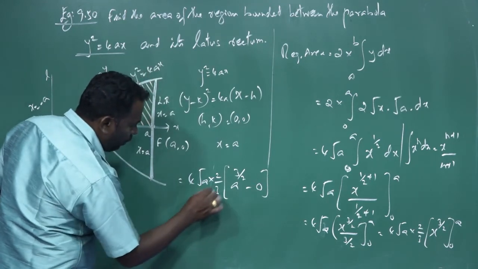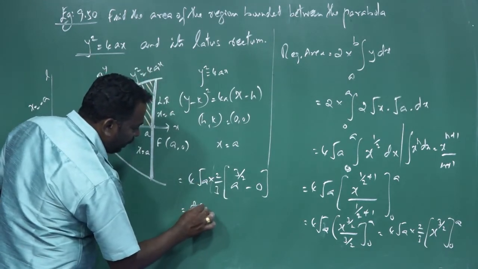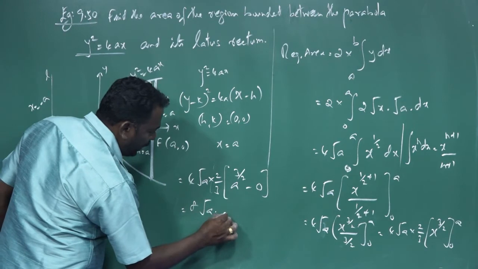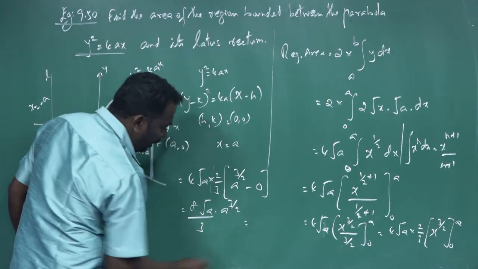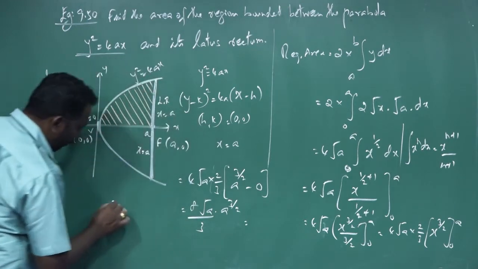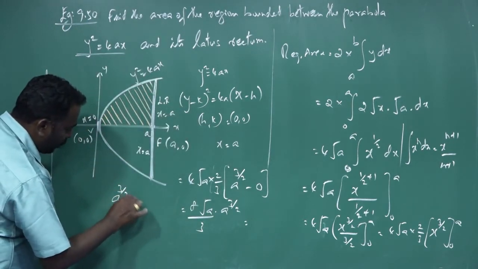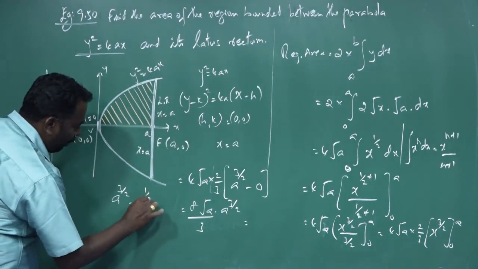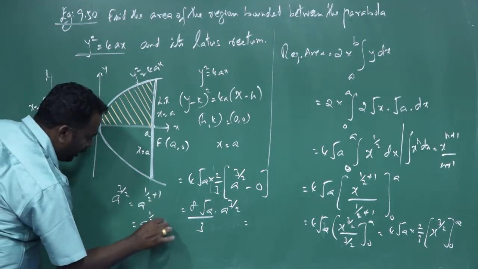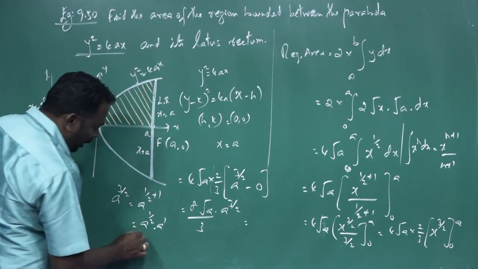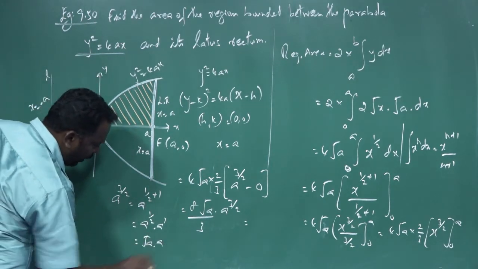That is equal to multiplying 8 root a into a power 3 by 2, divided by 3. We can write a power 3 by 2 as a power 1 by 2 plus 1, that is a power 1 by 2 into a power 1, that is root a into a.